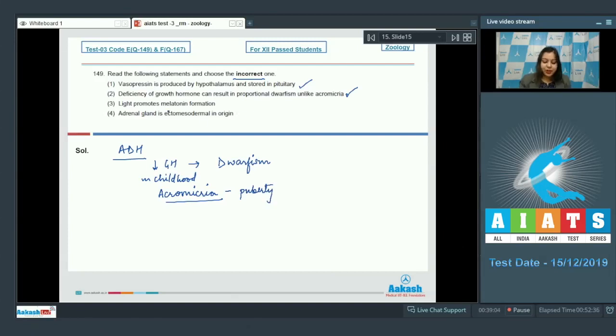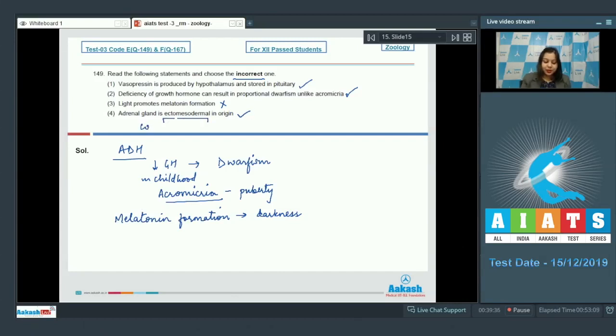Let us see the next option. Number 3, light promotes melatonin formation. This is an incorrect statement as melatonin formation is induced by darkness. Therefore, the level of melatonin is maximum during night. Number 4, adrenal gland is ectomesodermal in origin. This is absolutely correct.